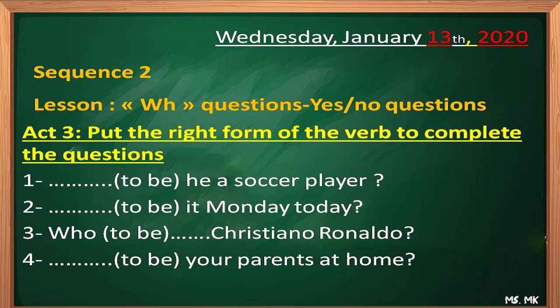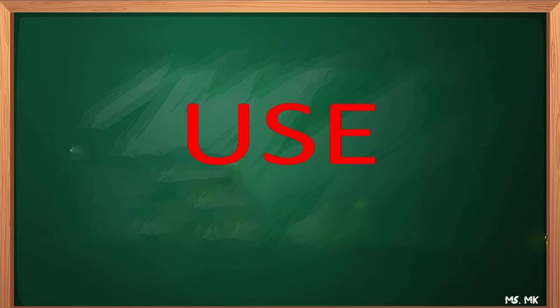So that's why I asked my pupils in this activity to put the right form of the verb to be to complete the questions, and they have to conjugate the verbs. Of course, it's a revision of the verb to be that we did in the first sequence with all the pronouns. Again, you set time and you guide your pupils and you move around the classroom and then you correct together.